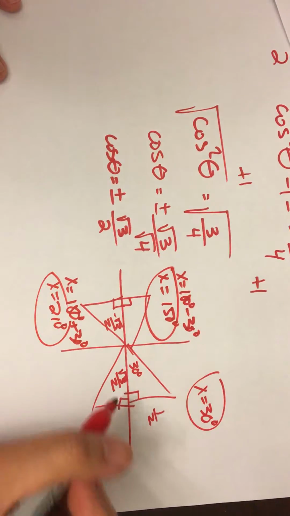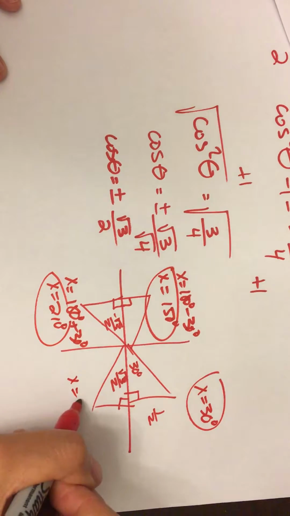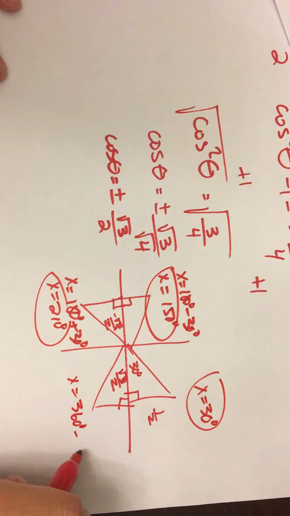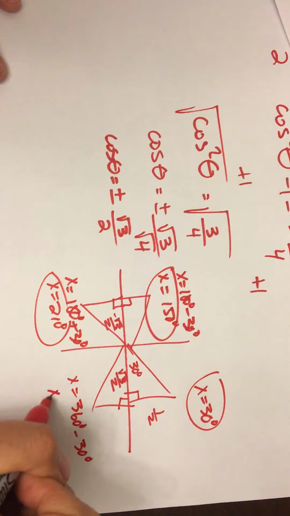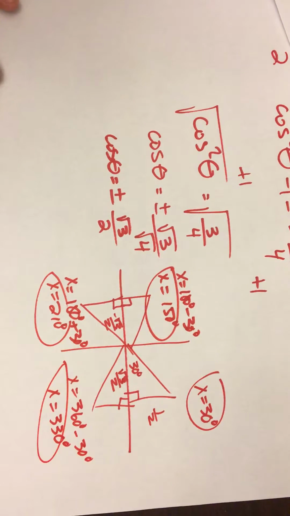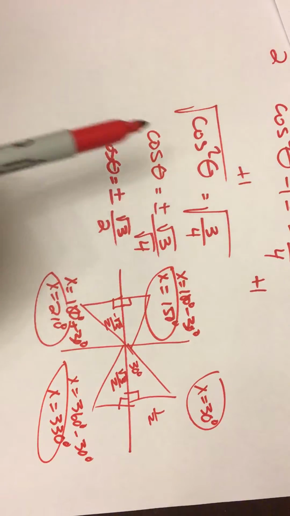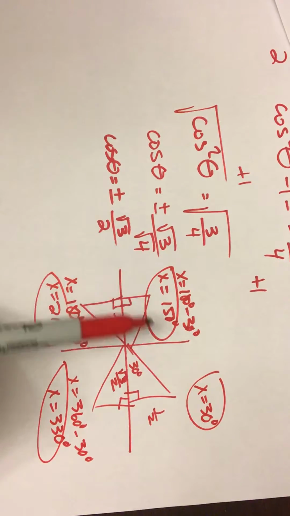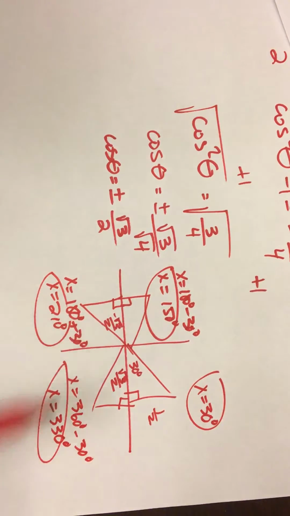And then finally, for the fourth quadrant, we're going to take 360 degrees minus 30 degrees, and we're going to get 330 degrees. Okay, so anytime you have to take the square root, know that all 4 quadrants will have our solutions.